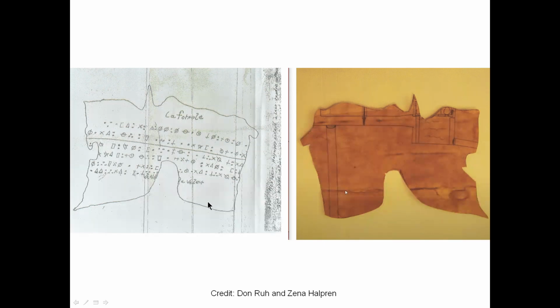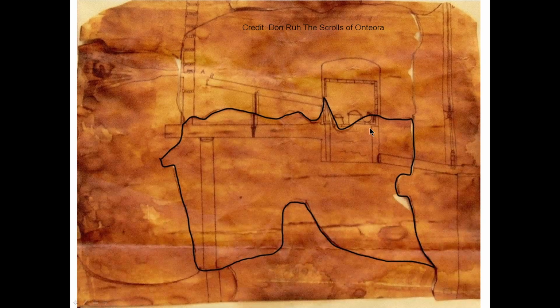So this isn't the real document, but it may have been this right here, might have been what was on the back side of this document or this piece, which is the centerpiece of the Scrolls of Antiar, the Antiar schematic, which shows basically the underground flood tunnel system.